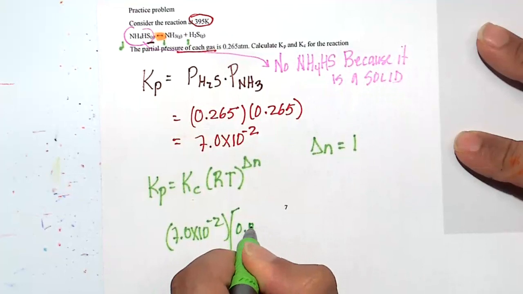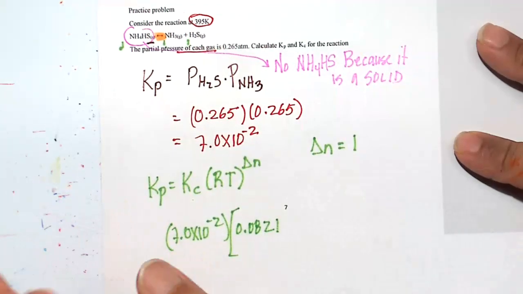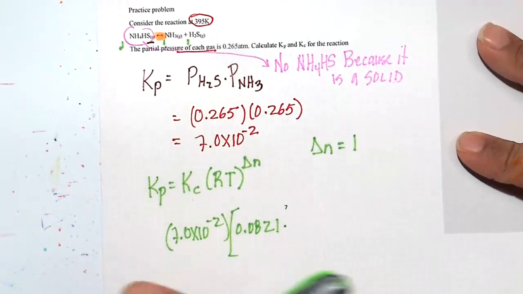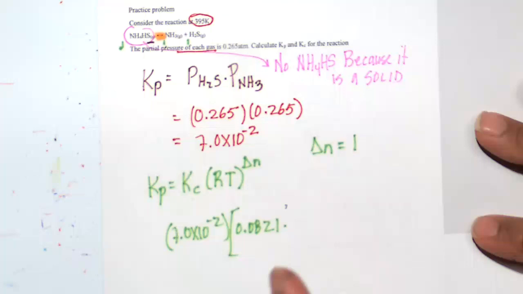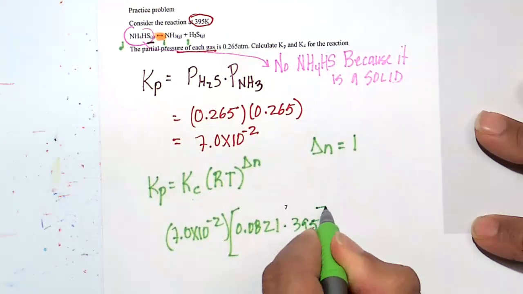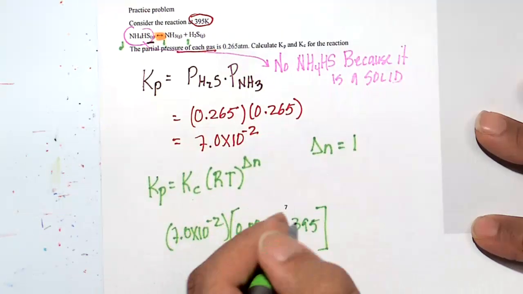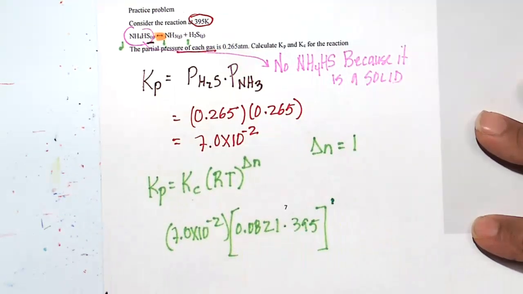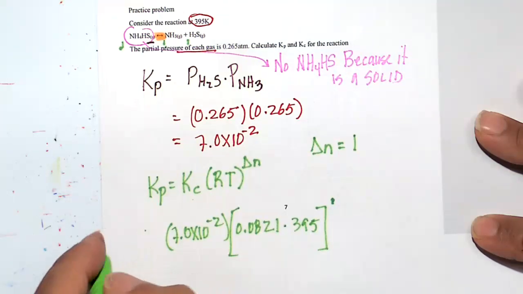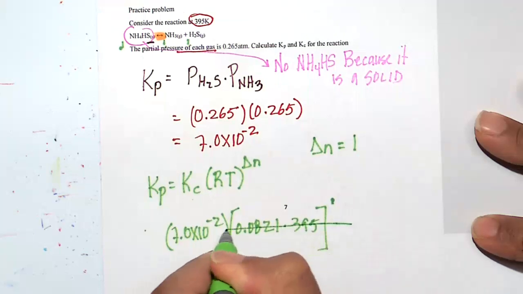Kp we already figured out as 7.0 times 10 to the minus 2. R is 0.0821. I'm not going to put units because K has no units. The temperature T is 395 Kelvin. And all of that is raised to the power of delta n, which is 1. Sorry, my bad here.